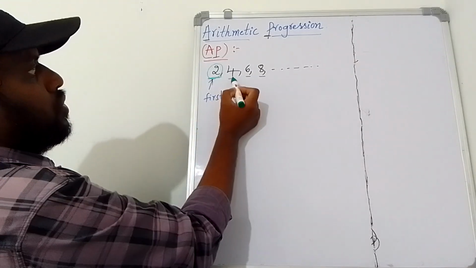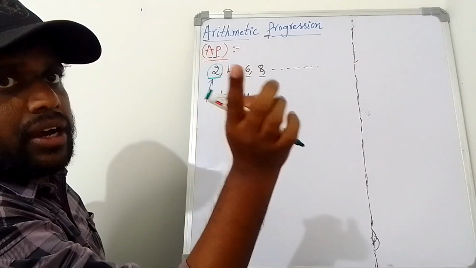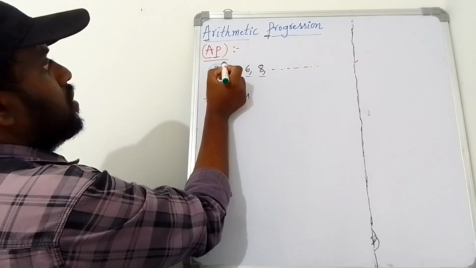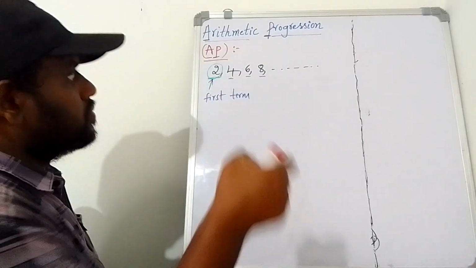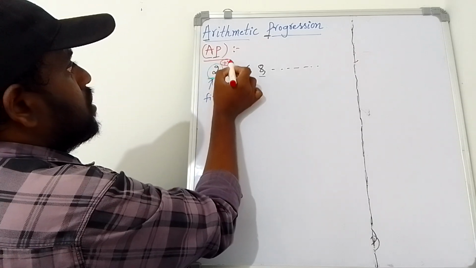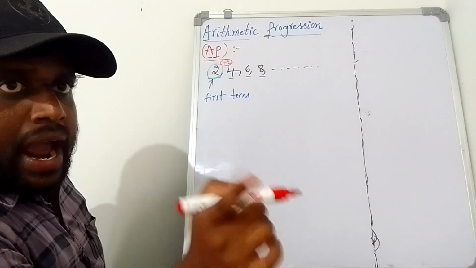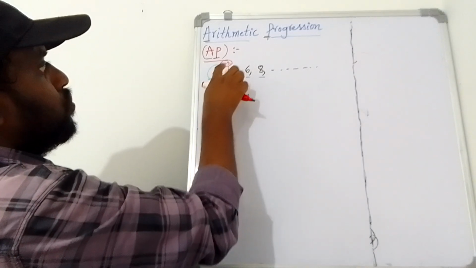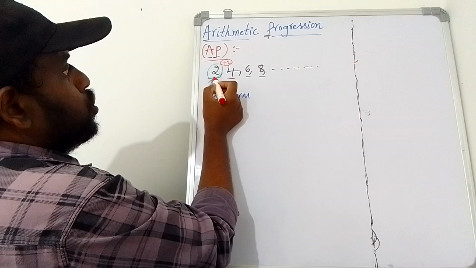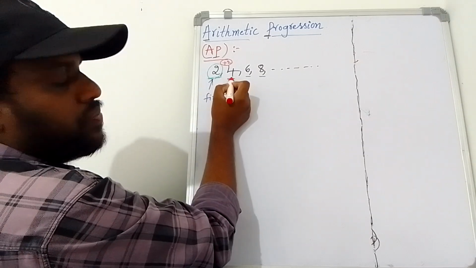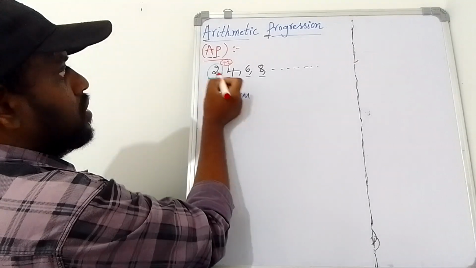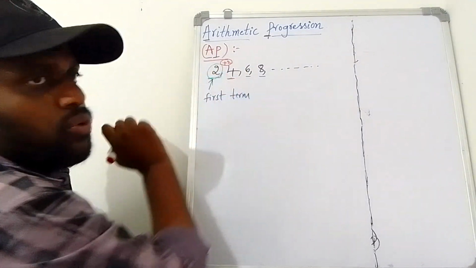Now see, we get 4 when we add 2 to the previous term 2. If you add plus 2 to the previous term, you get this term 4, because 2 plus 2 is equal to 4.